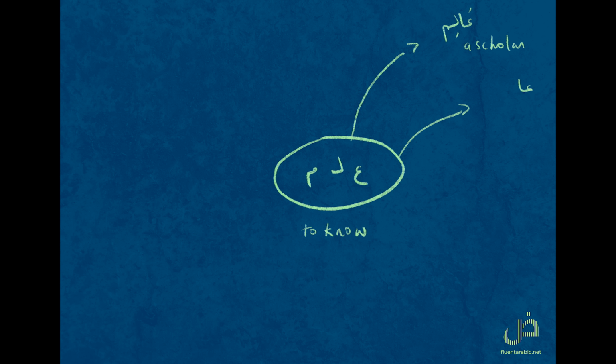The verb alima, to know. Ma'loom, something that is known. هذا معلوم, this is known.